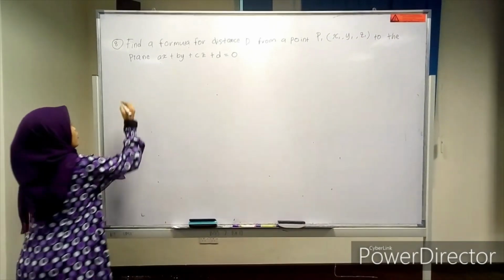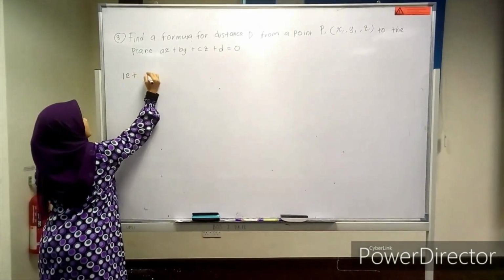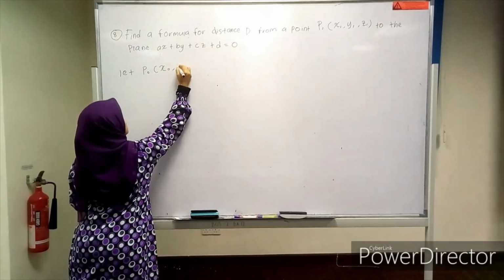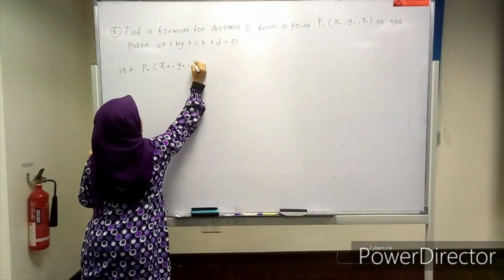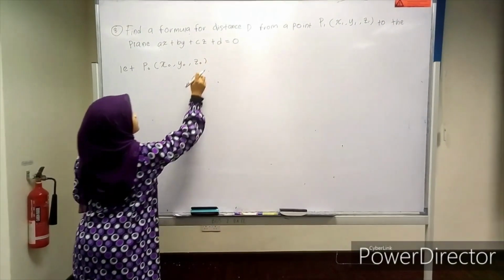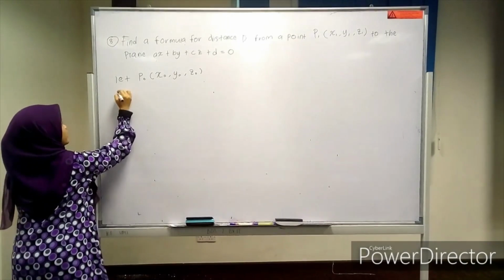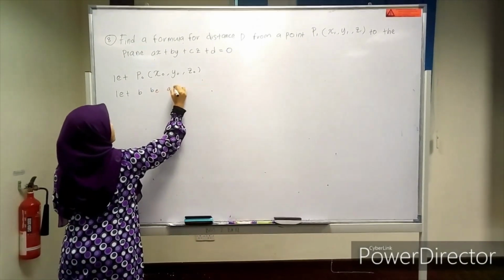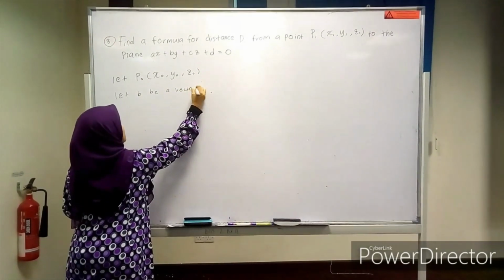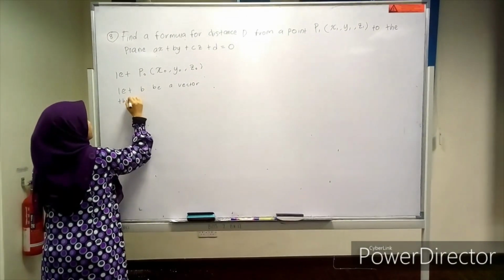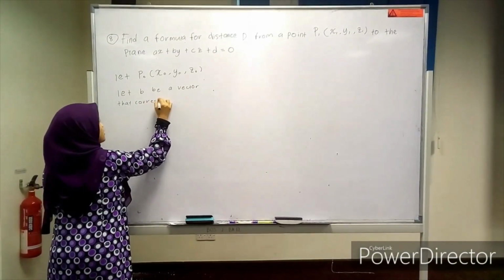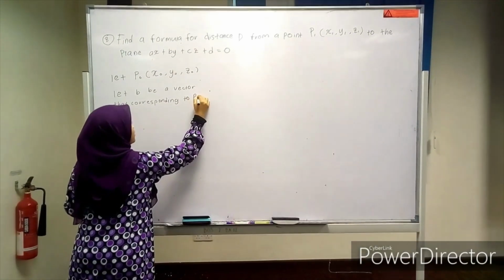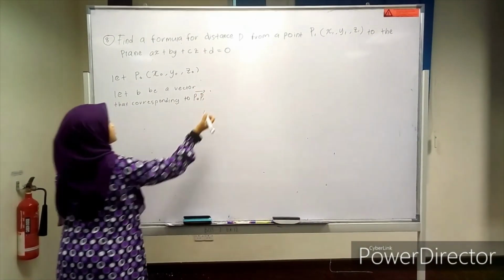Okay, first we let P naught with coordinate x naught, y naught, and z naught, and we let b be a vector that corresponds to P naught P1.